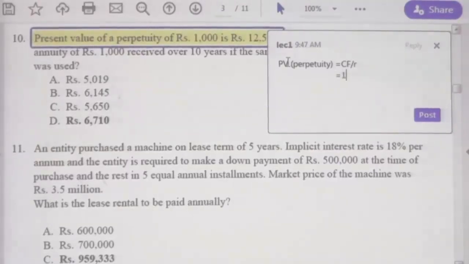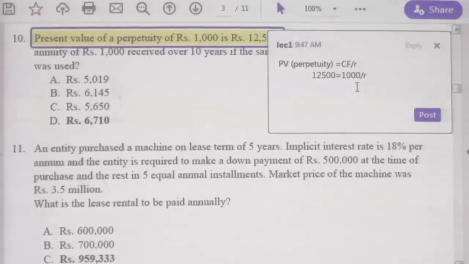The cash flow is 1000 in perpetuity, divided by R. You don't know R, but the present value of the perpetuity is 12,500. It is given. The amount you invest in the perpetuity, up to infinity, is 1000, and you don't know R.